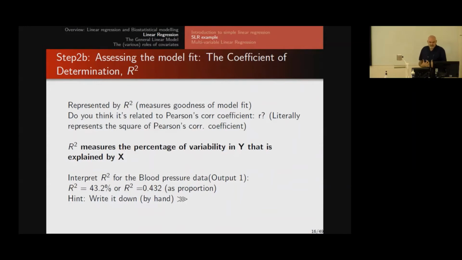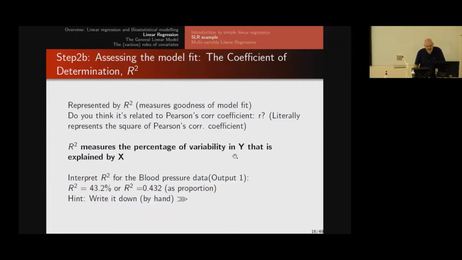What does it actually represent? It represents a measure of the percentage of variation in Y explained by our X. Now that's in simple linear regression, because remember, our whole model in simple linear regression revolves around a single predictor, X, okay?